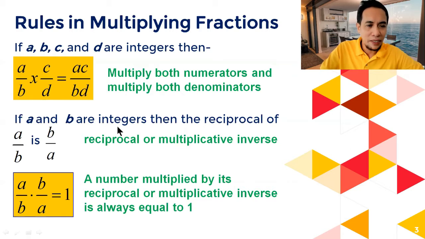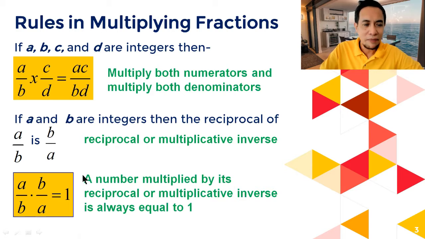Next, if A and B are integers, then the reciprocal of A over B is B over A. The reciprocal or multiplicative inverse of A over B is equal to B over A. So you have to switch the numerator and the denominator. Meaning, reciprocal and multiplicative inverse are just the same.